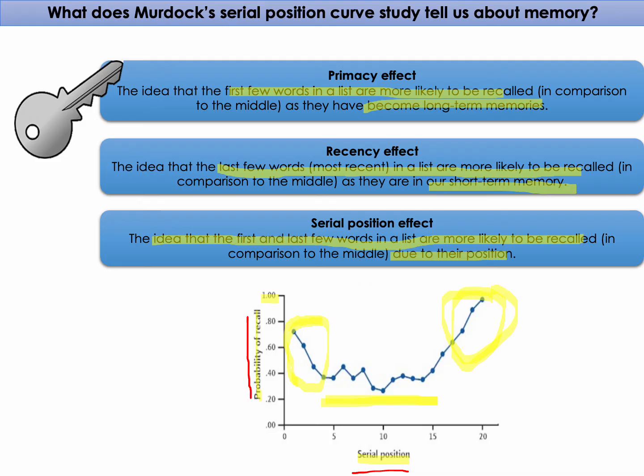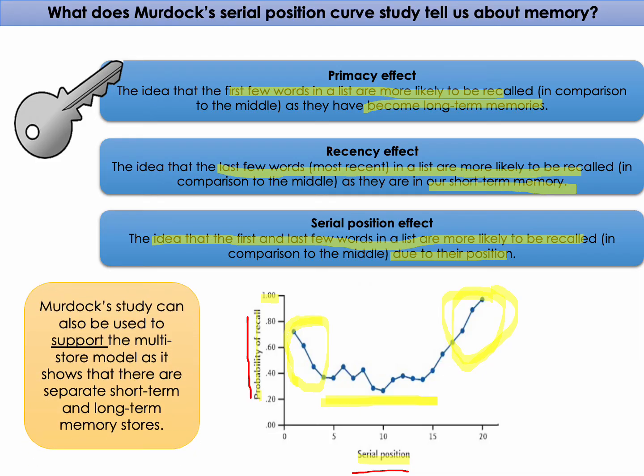And then finally, as mentioned when we recapped the multi-store model at the start of the video, Murdock's study can be used as a piece of AO3 in which it supports the multi-store model because it shows that there are separate short-term and long-term memory stores. It shows that these words, the primacy effect, were recalled from the long-term memory, and the words at the end are recalled from the short-term memory.